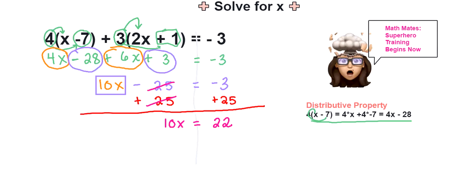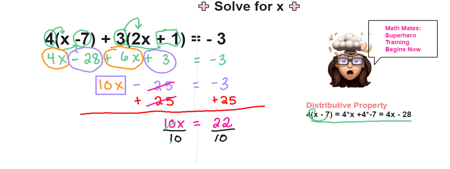No. I don't want 10 times x. I want x. So I need to get rid of that 10. In the problem, they're multiplying, so I'm going to divide. And again, whatever we do to one side, we have to do to the other. And you can see on the left side, 10 divided by 10, that's just 1.